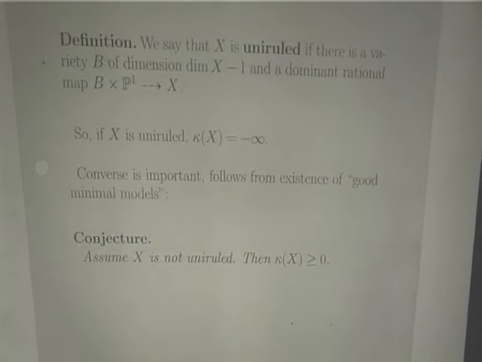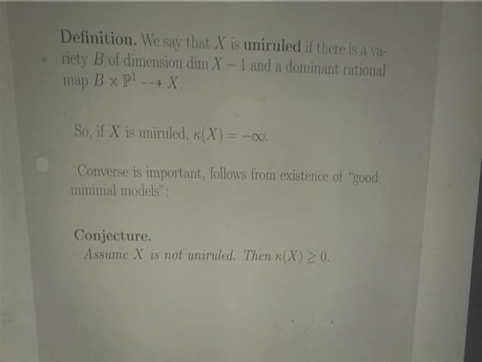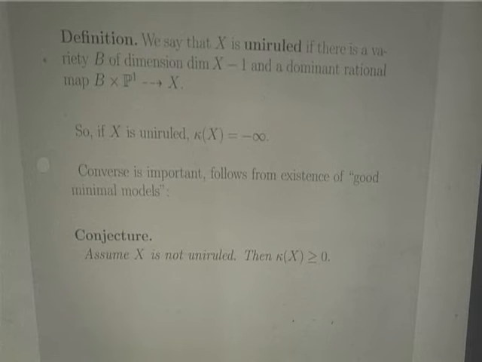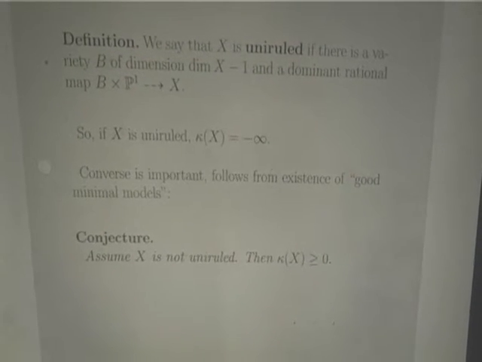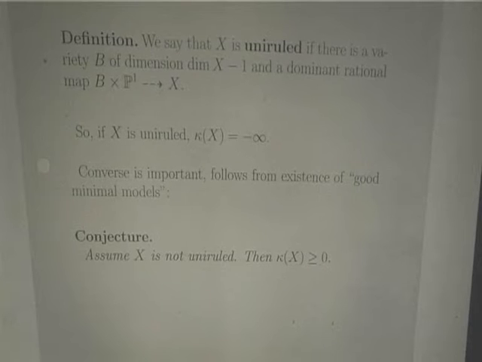And the converse is an important conjecture, sometimes called the minus infinity conjecture. I forget to whom one should attribute it, but maybe in the final notes I will find it. It follows from the existence of good minimal models.